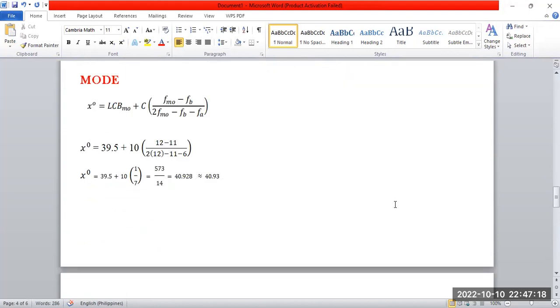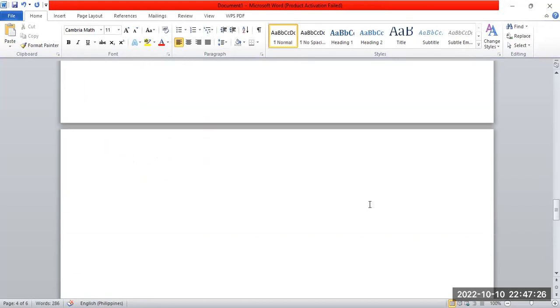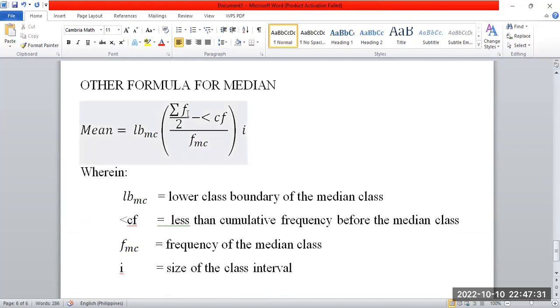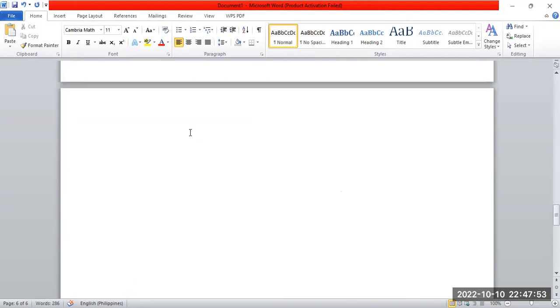And you might see kapag nag-search kayo formula or how do we get the mode or median, you might say this one. Okay, same lang din naman yung magiging answer pag ito yung ginamit ninyong formula. The difference is that doon kasi naka-plus siya dito. We add the class size, class interval size here. But the same din naman the process. Since PEMDAS, ito.